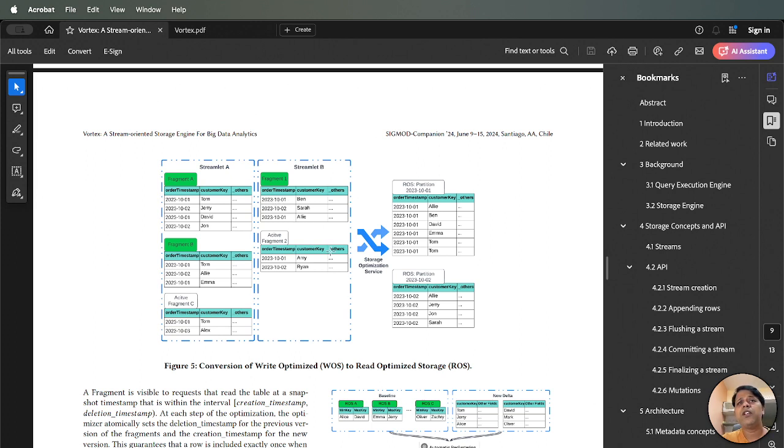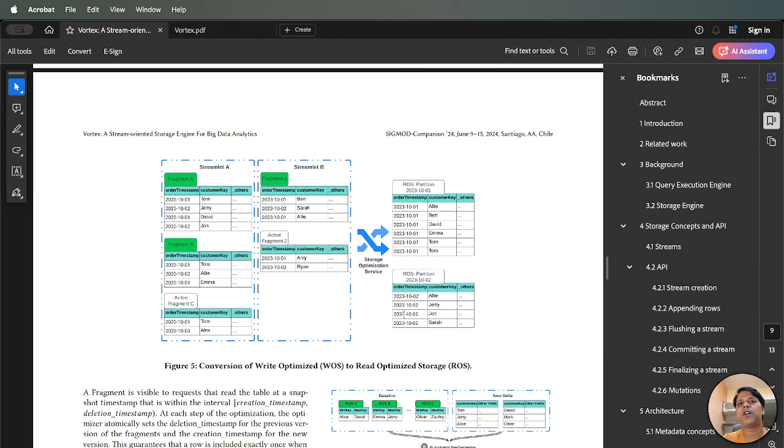Now it will gather all of these data and create the partitioning. Again, read optimized means in Colossus the tables are partitioned and clustered. So this is one scenario of partitioning. Let's say it is partitioned on dates, it will gather related data from different fragments and put it into one partition.